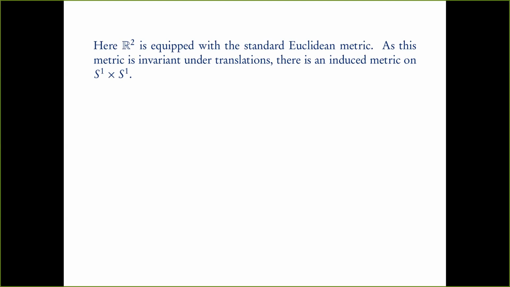Since the metric on R2 is invariant under translations, you can induce a metric on S1 cross S1, because you can think of S1 cross S1 as identifying the two horizontal sides of the unit square and the two vertical sides, and there's a well-defined metric on this, because the metric everywhere is the same.